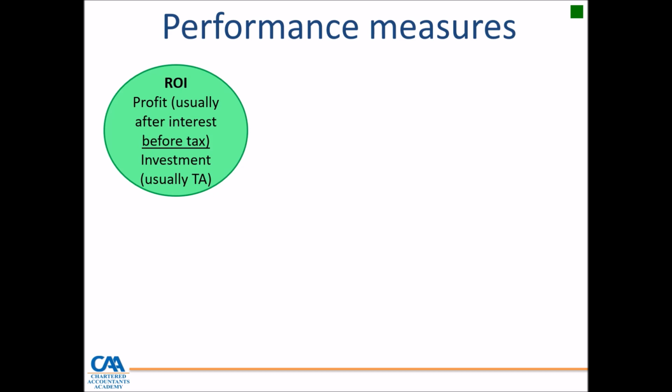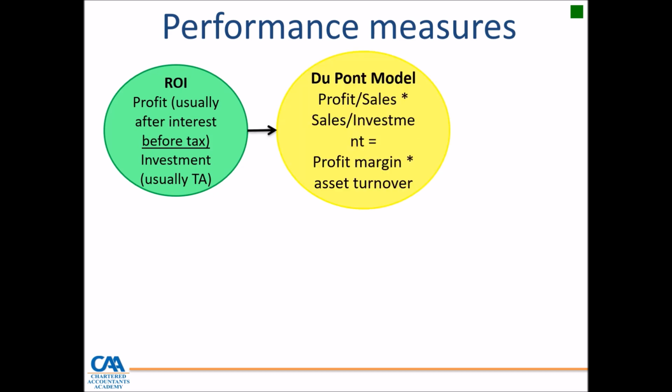As a financial performance measure, the return on investment can be further explained using the DuPont model. So by the DuPont model, I need my profit margin, which is my profit divided by sales, which measures the efficiency of revenue and expenses, multiplied by my asset turnover, which is sales divided by investment, which measures the efficiency of the use of assets to generate revenue, that is capacity utilization.